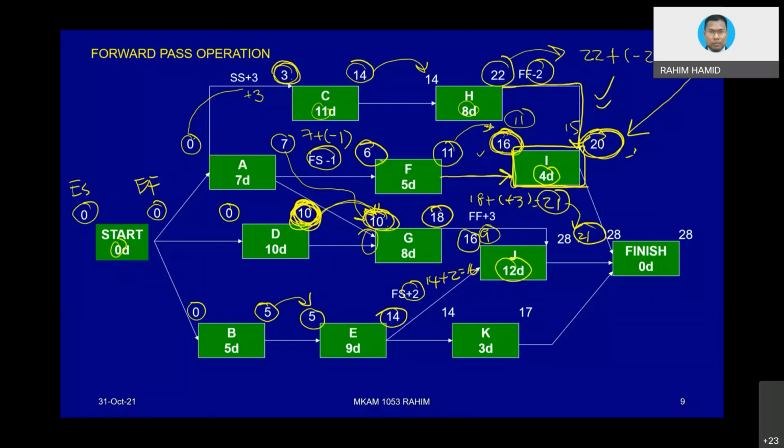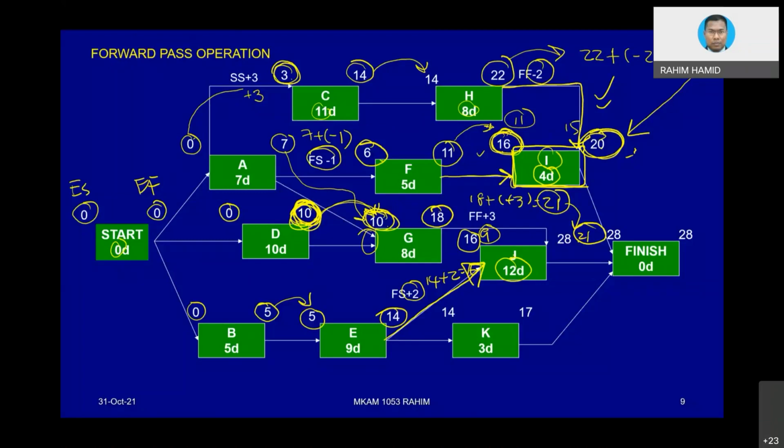So actually, J is much more influenced by E compared to G, whereas I was influenced by H compared to F. That is the concept of how a certain type of relationship, lag and lead, will influence the calculation.